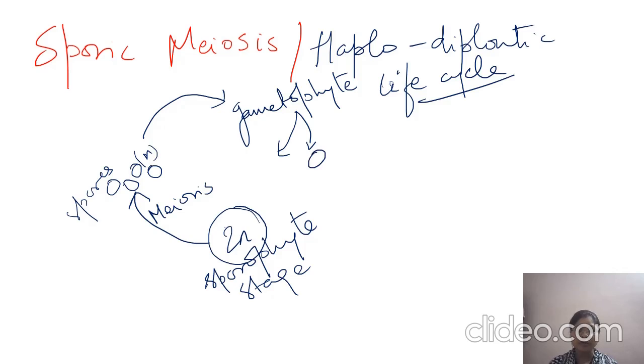Two kinds of gametes, that is your female gamete and your male gamete. Okay, and remember they are N. They are haploid because gametophyte is N. Now these gametes are formed by which process of division? By mitosis.